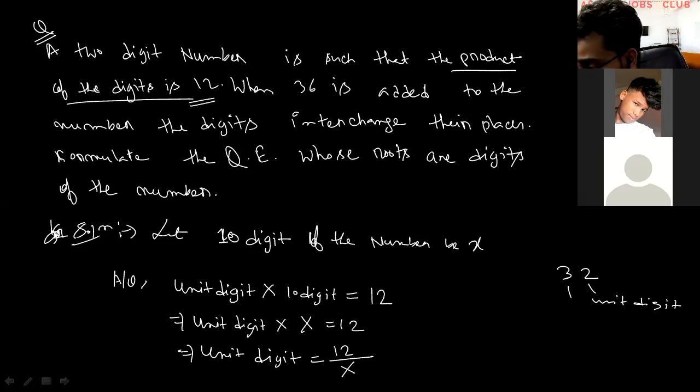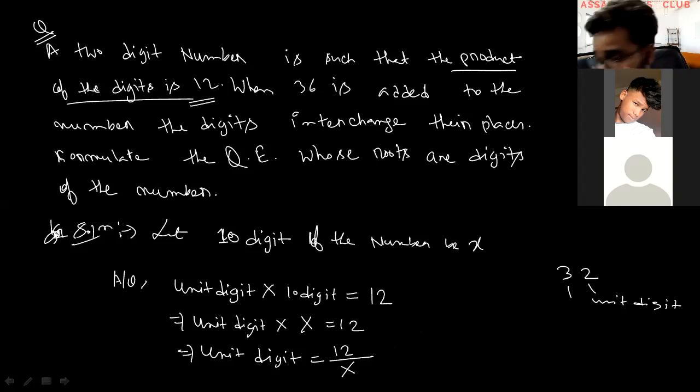Okay. Now what will be the number? This is the unit digit, this is the ten digit. Now what will be the number? Yes. So the number will be 10x plus 12 by x.